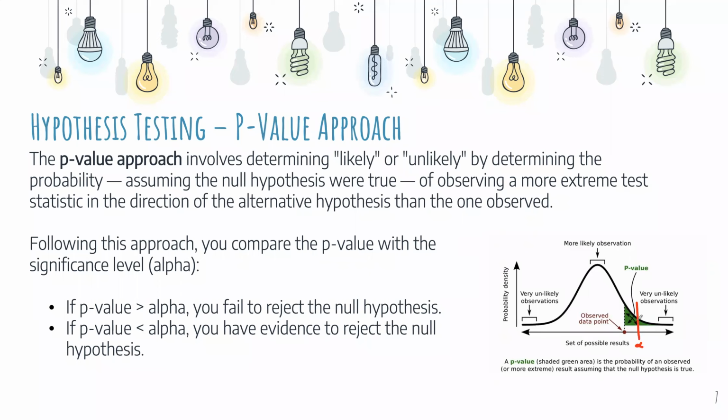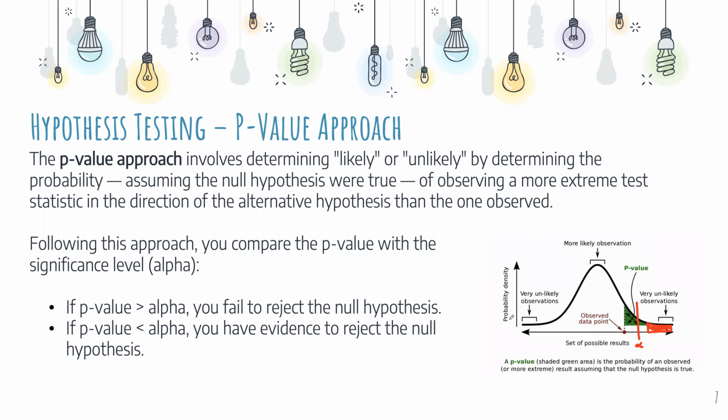If the p-value is greater than the alpha, it means that you have more area on the tail, like this in here. If the p-value goes all the way here, you're covering more area than what the alpha is allowing you to cover, so you are in that rejection region again, like the picture before. If the p-value is less than the alpha, the p-value is going to be here, getting less area in the tail than the alpha, then you have evidence to reject the null hypothesis.